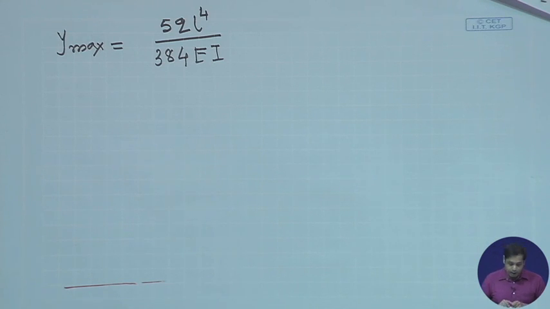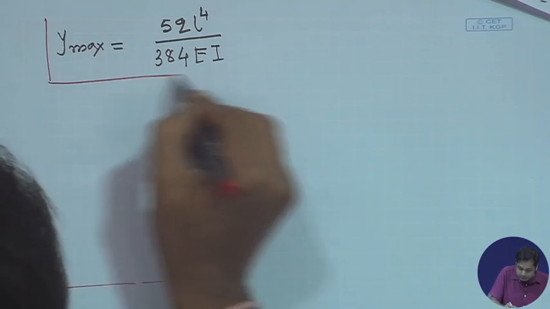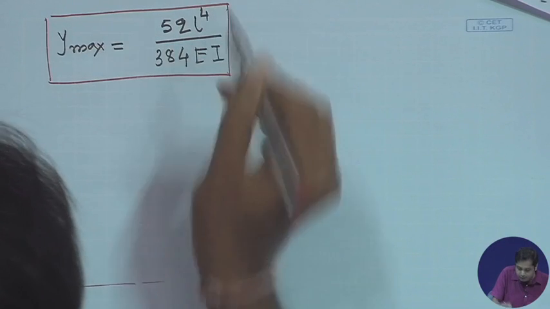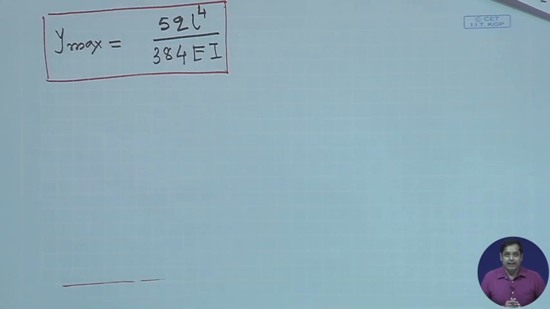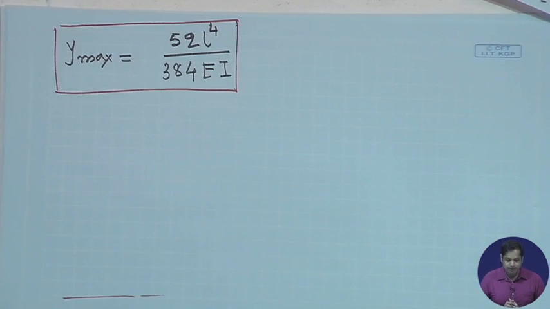These results are very handy if you remember them. So, what it says is that this is the maximum deflection for this simply supported beam subject to UDL, and the deflection is maximum at x is equal to L by 2.